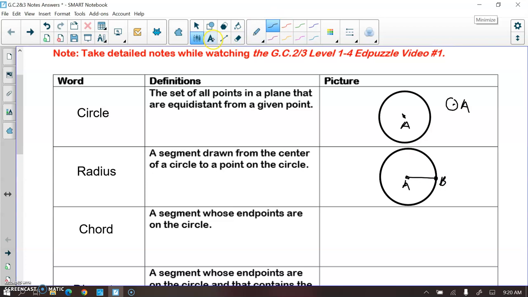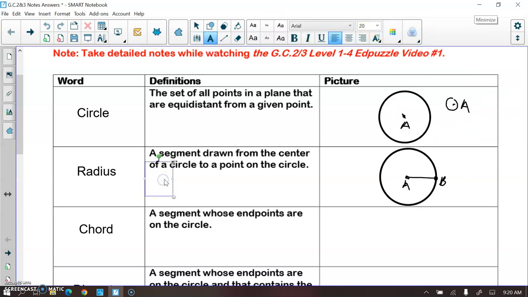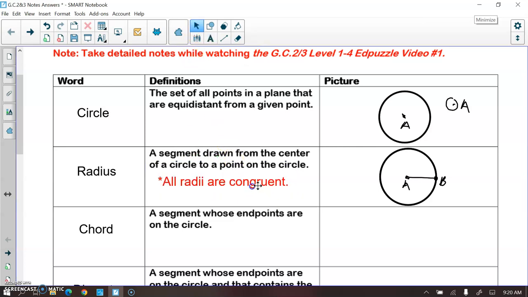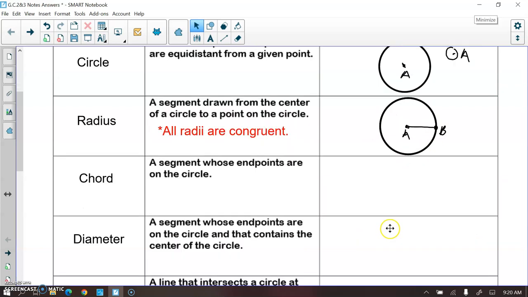And no matter where you draw your radius on your circle, it will be equal to the radius that I just drew. So let's put that in our notes. The plural of radius is radii. And we would just name this as a segment, segment AB.